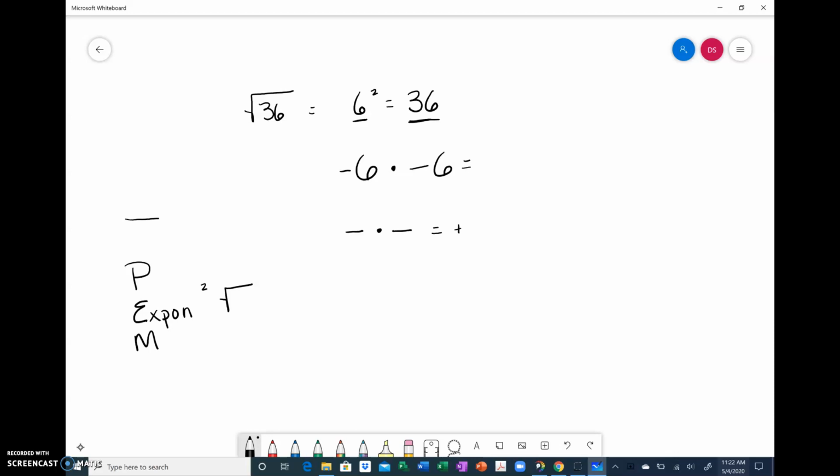So negative 6 times negative 6 is also 36. So sometimes in this lesson, you will see this. Let me give you a different number. I'll do 81, okay? The square root of 81 is positive or negative 9. So you might see it written like that, okay?